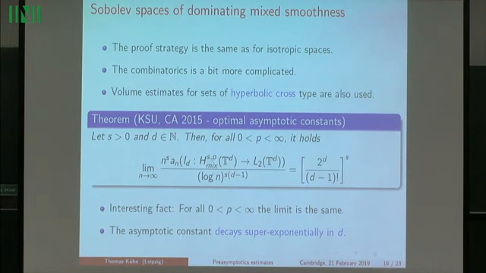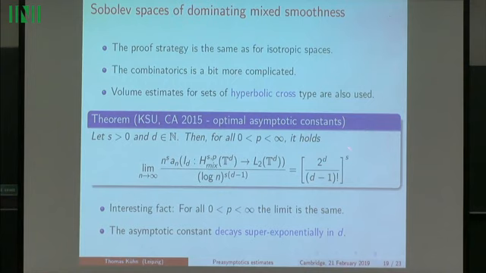Together with Winfried and Tino, in another paper, we got the optimal asymptotic constants for this embedding of HSP mix into L2. P, again, remember, is only a parameter. I divide this AN by the asymptotic rate, and in the limit, we get this value 2 to the d over d minus 1 factorial to the power s.